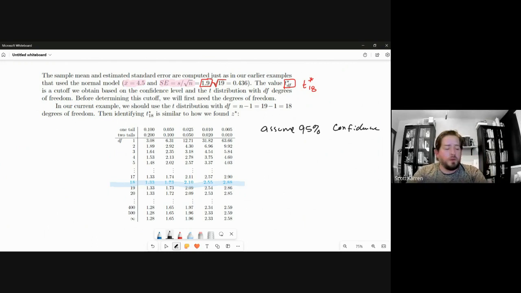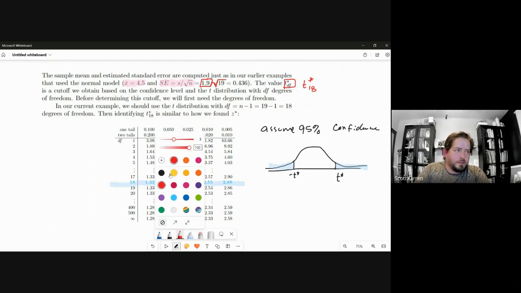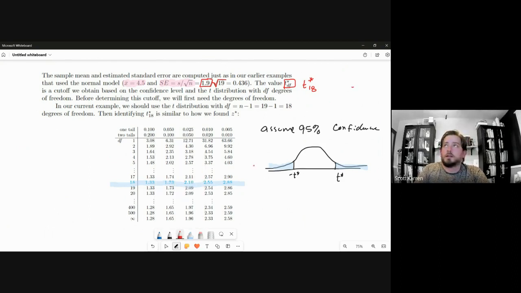So what we want to do is find the t value where the negative t star here and the t star here exclude, in these tails, a total of 5%.